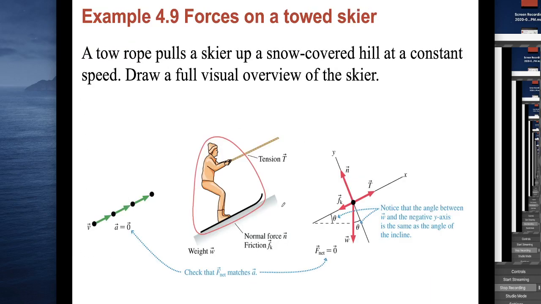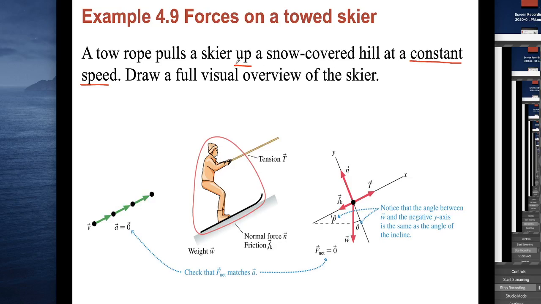Okay, another problem. A tow rope pulls a skier up a snow-covered hill at a constant speed. Draw a free body diagram of the skier. Okay, that's another free body diagram question.